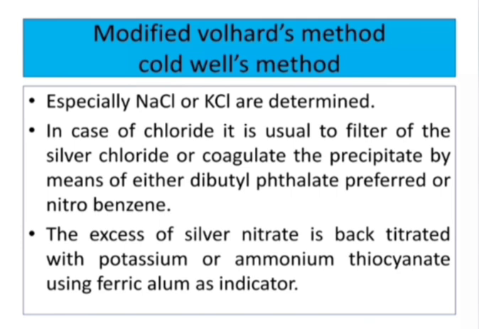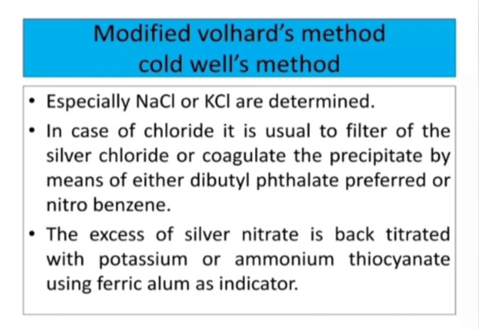Next one, modified Volhard's method. It is based on indirect volumetric precipitation titration. In this method, nitric acid solution is used to acidify sodium chloride solution in the presence of nitrobenzene. This solution is treated with an excess amount of standard solution of silver nitrate.